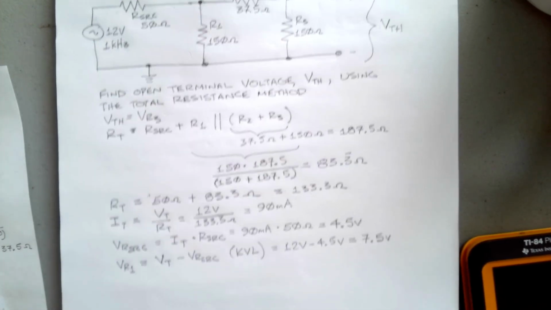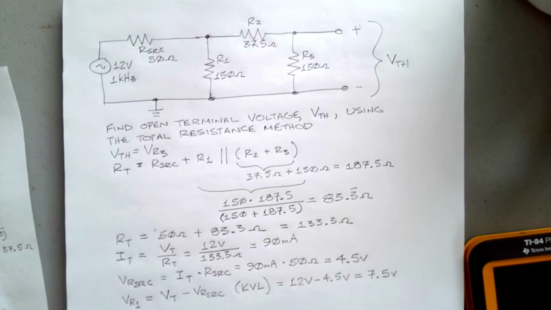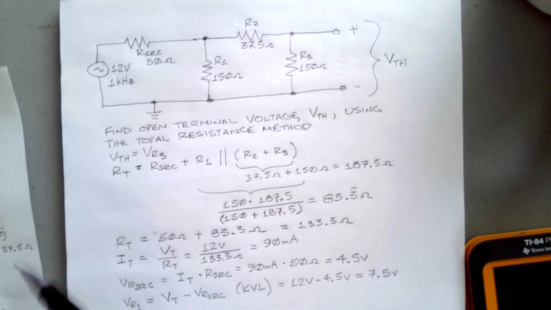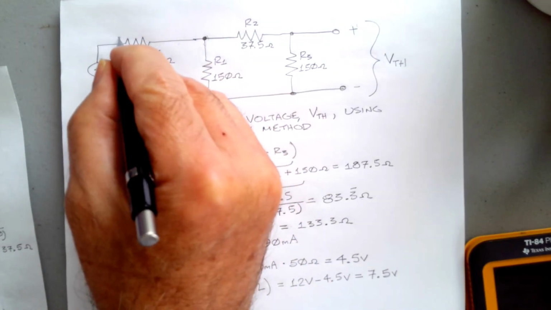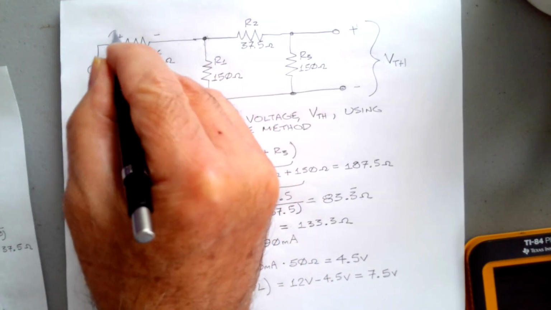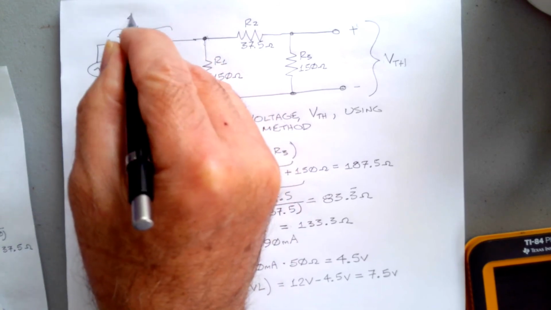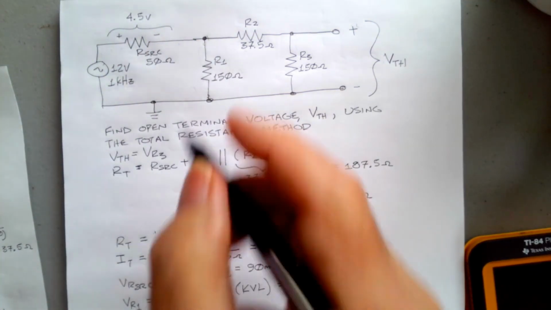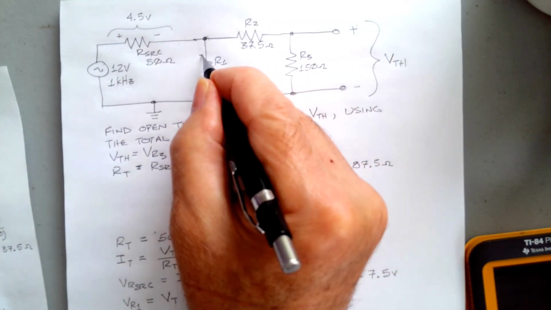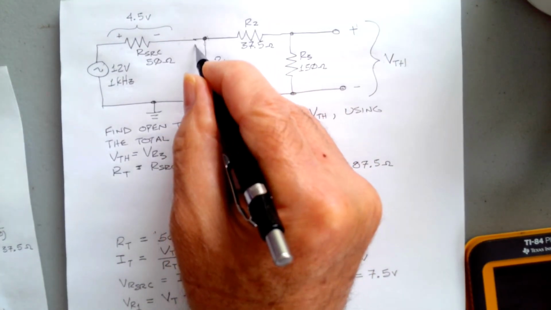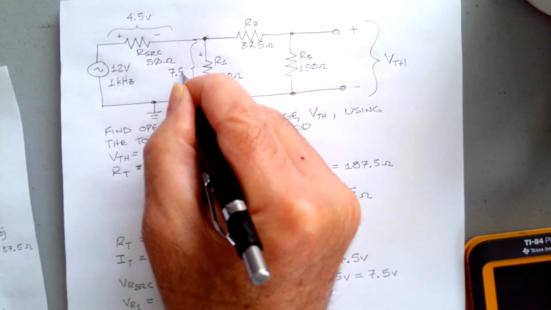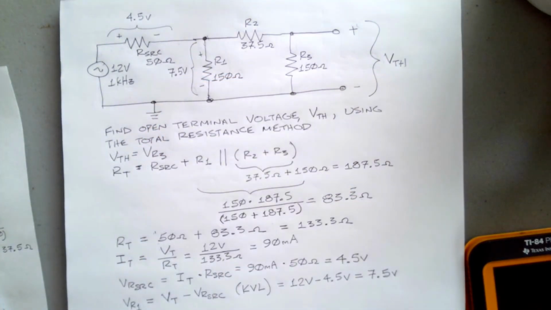Now we can use our voltage divider rule. The 7.5 volts that appears here, so we now know this guy's going to lose us 4.5 volts. And we know that this guy is 7.5 volts.